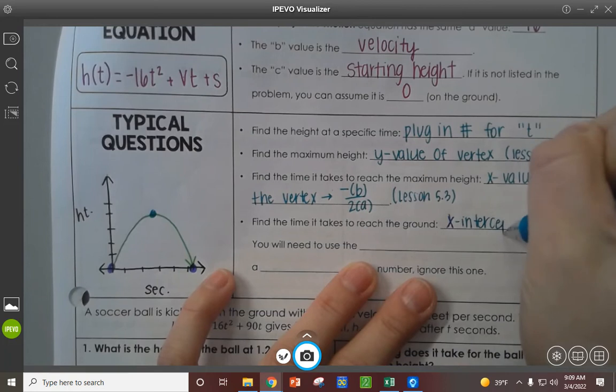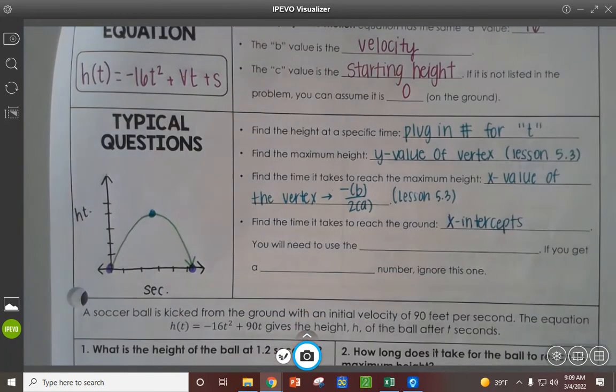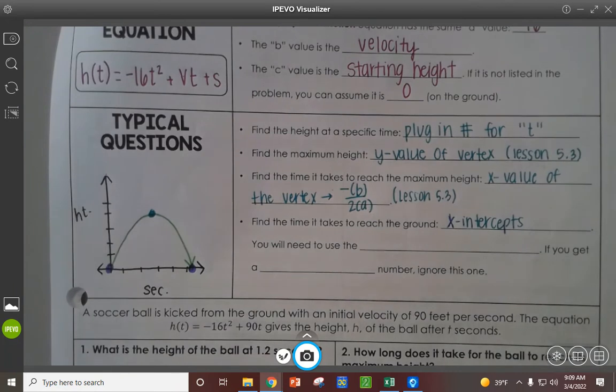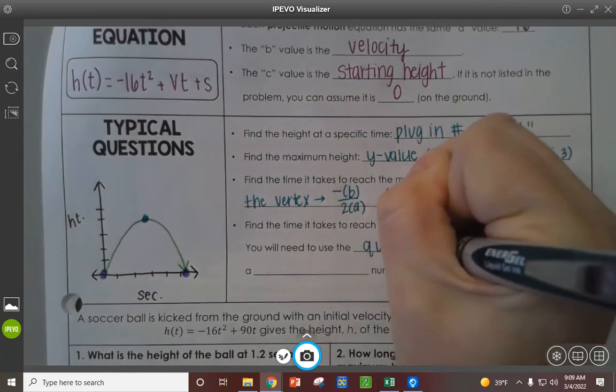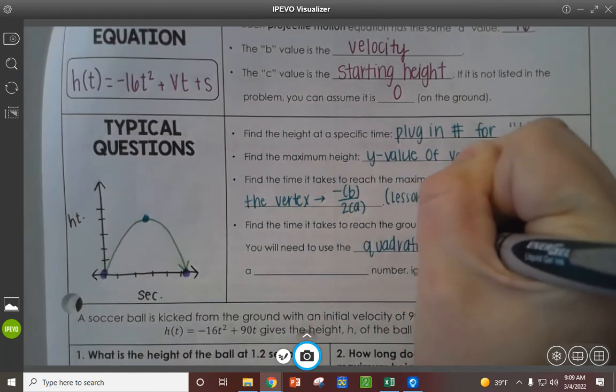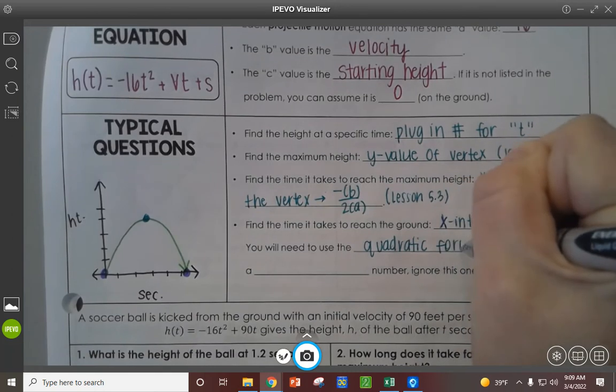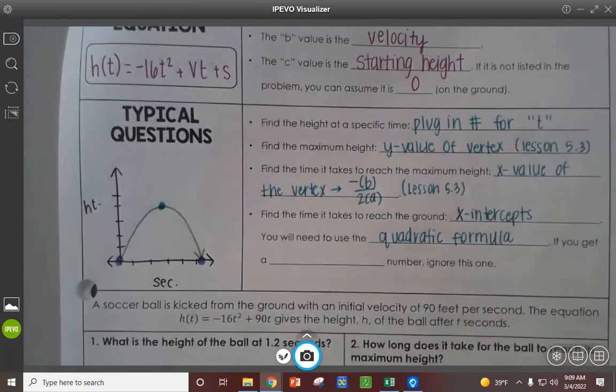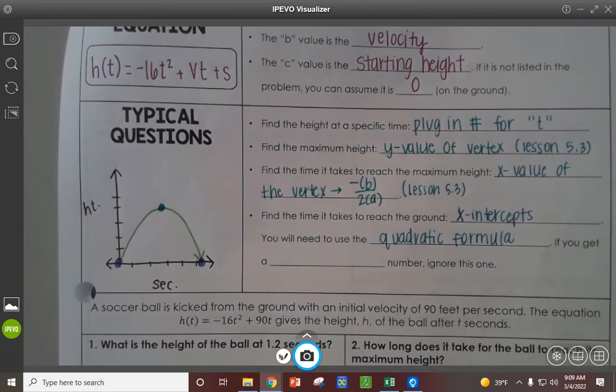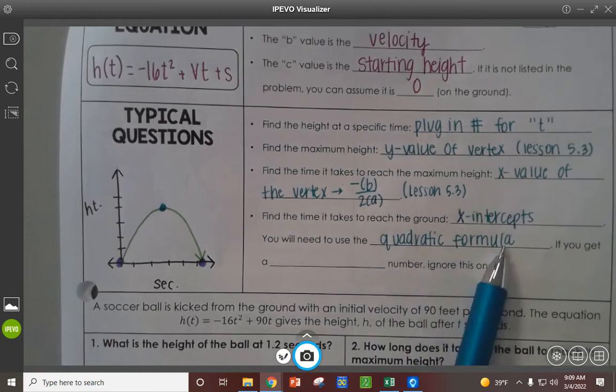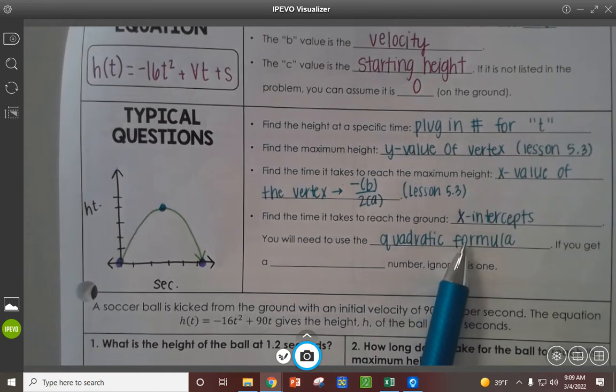And just always use the quadratic formula for this. If it asks for the amount of time or how long it takes to hit the ground, you will be using the quadratic formula.